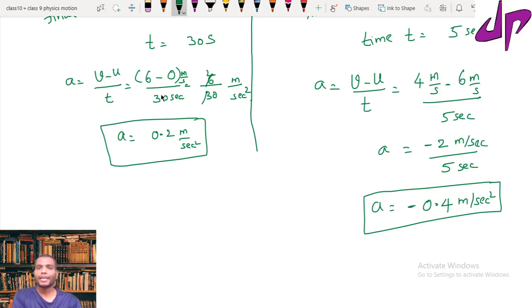So here the negative value is nothing but, Rahul applied brakes. That's why his acceleration is negative. And in the first case, he is starting and he keeps on pedaling, so that's why the acceleration is positive. Here nothing is there, which means it's a positive acceleration.